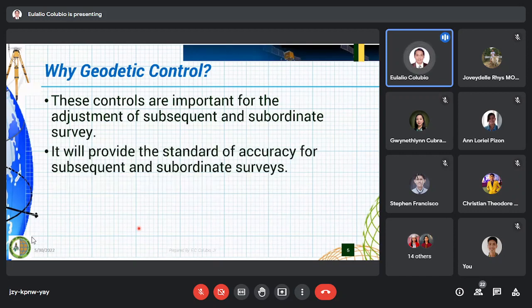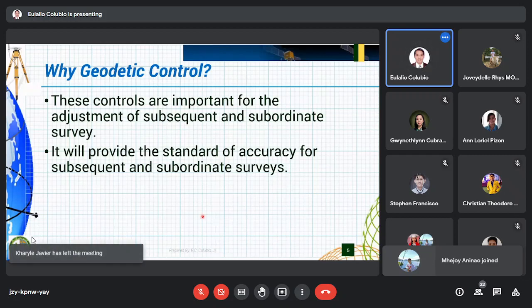It will provide the standard of accuracy for the subsequent and subordinate surveys. Usually, class, our geodetic control is established with a higher order of accuracy than project control monuments. So the required accuracy is higher.